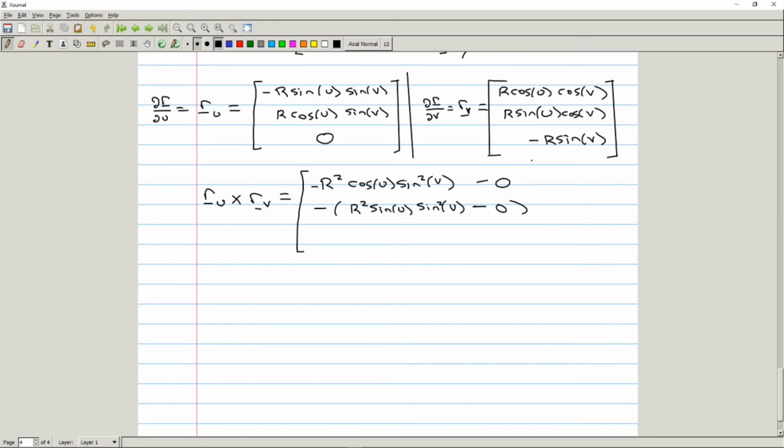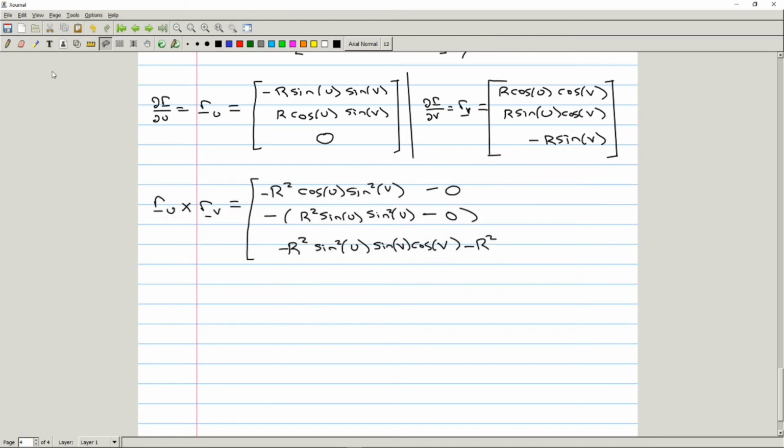And then lastly, it'll be r squared times negative 1 sine squared of u, sine of v times cosine of v, and then it'll be minus r squared cosine squared of u sine of v times cosine of v.